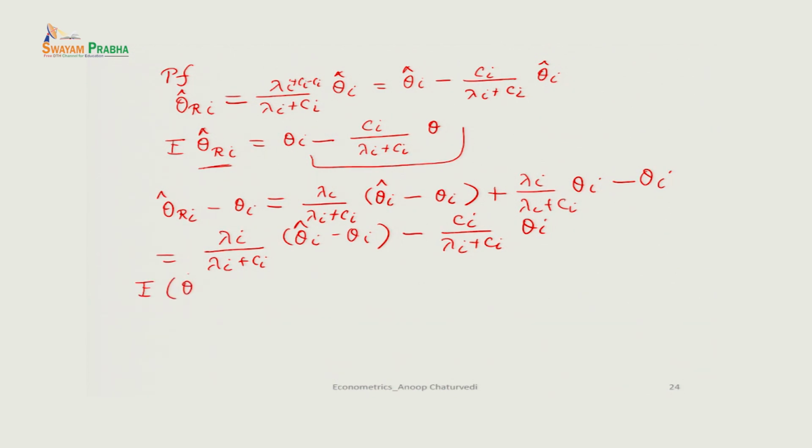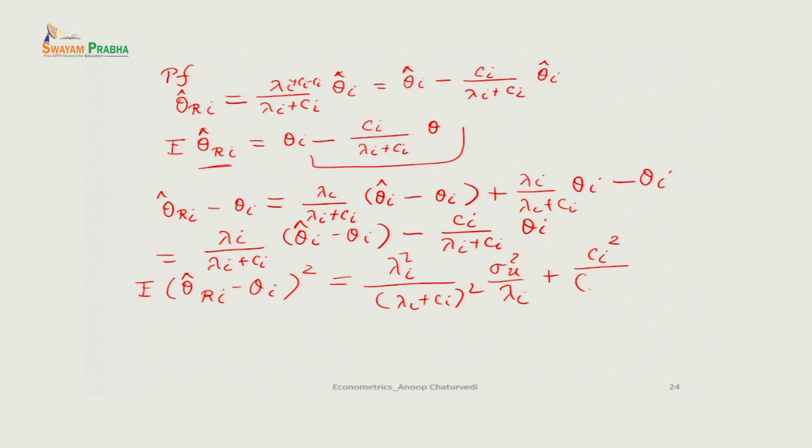So, you obtain lambda i square upon lambda i plus C i whole square, and then you have the square of this term, which has expectation sigma square u upon lambda i, plus C i square upon lambda i plus C i whole square into theta i square.